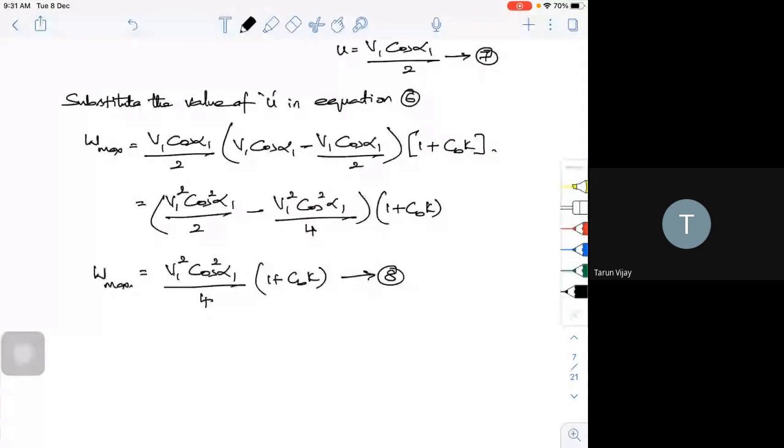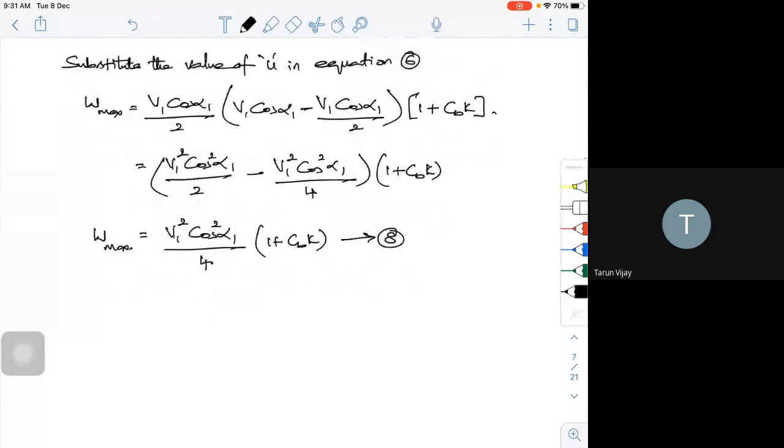Now for a de Laval condition, the ideal condition, for a de Laval turbine, VR1 is equal to VR2, so your Cv is equal to 1. Your beta 1 is equal to beta 2, so your K is equal to 1.